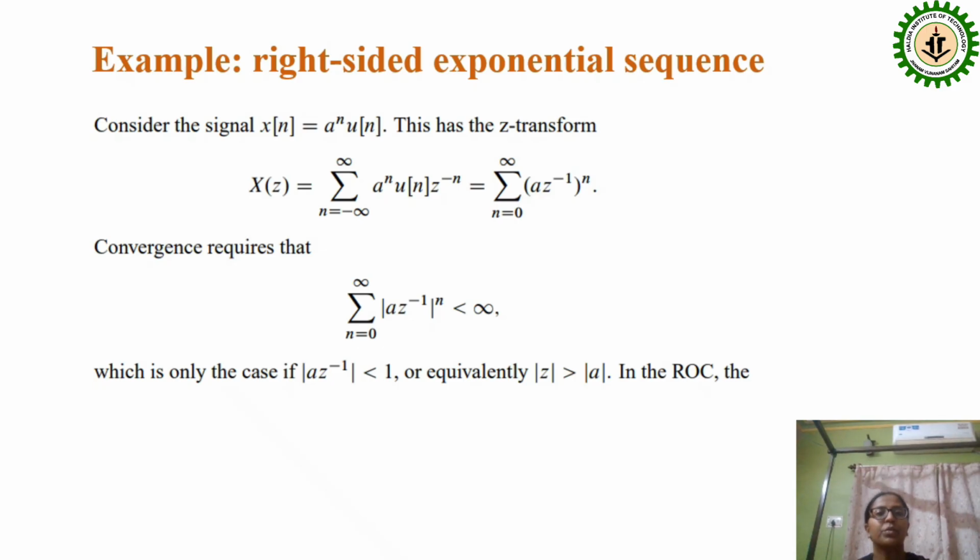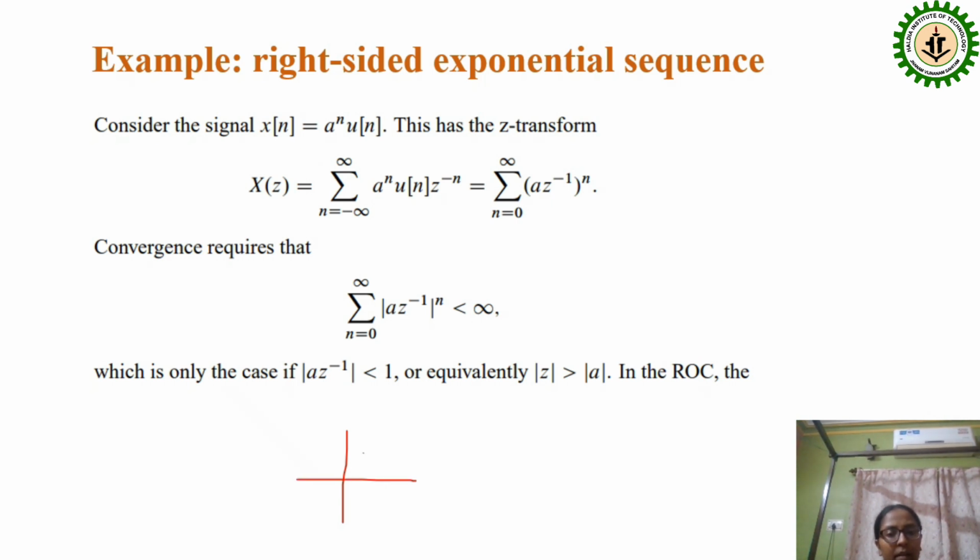Coming to the point, continuing from what we started, the example of the right-sided exponential sequence. Up to that you are done. It exists only if the mod of a z inverse is less than 1.